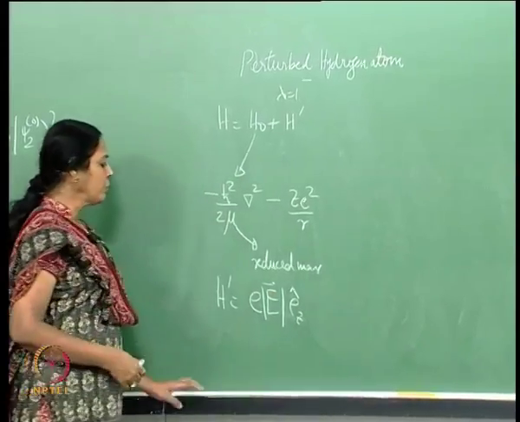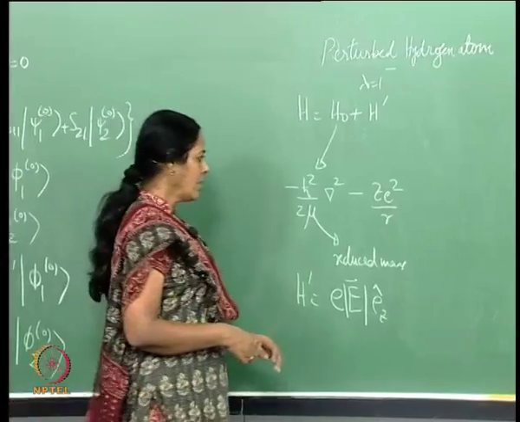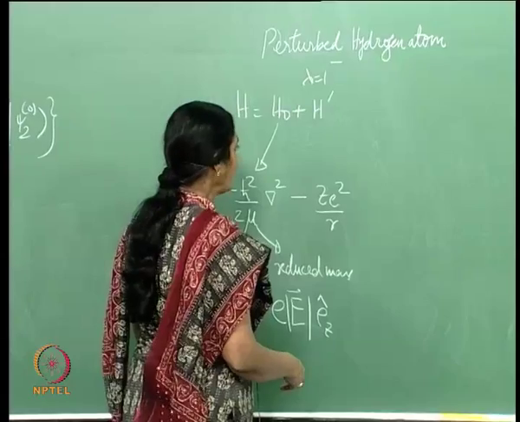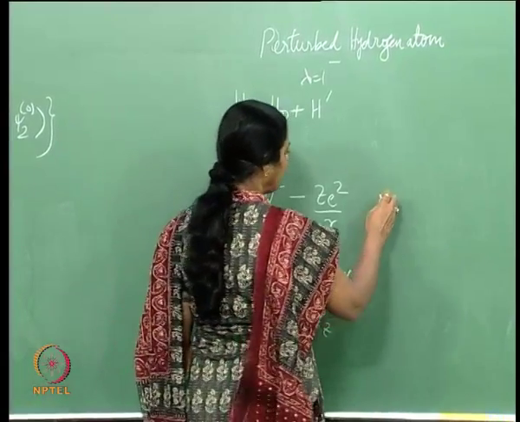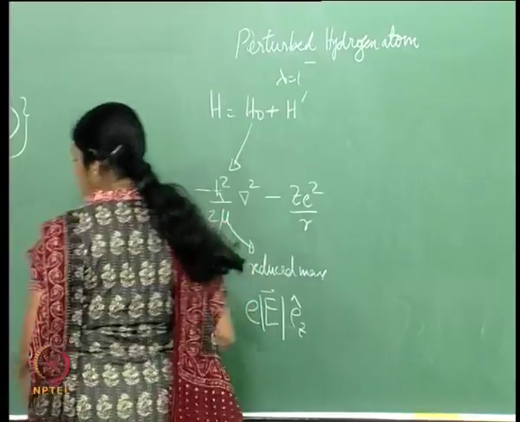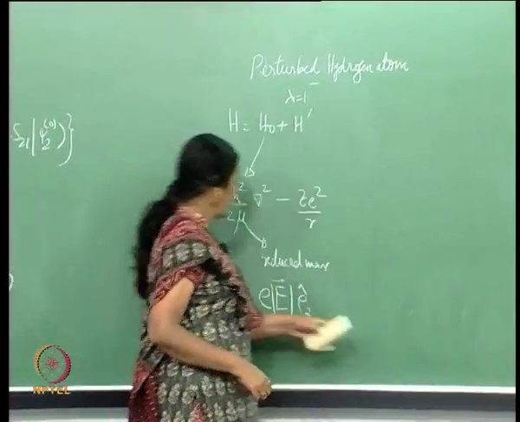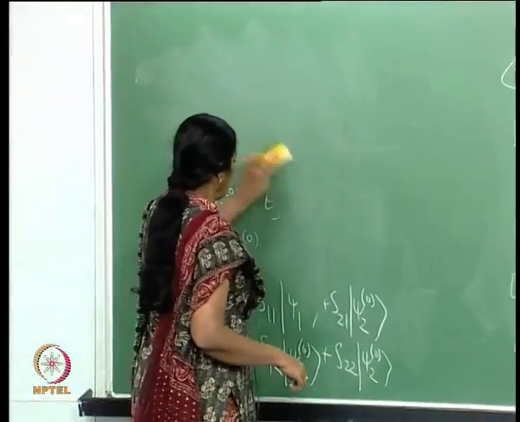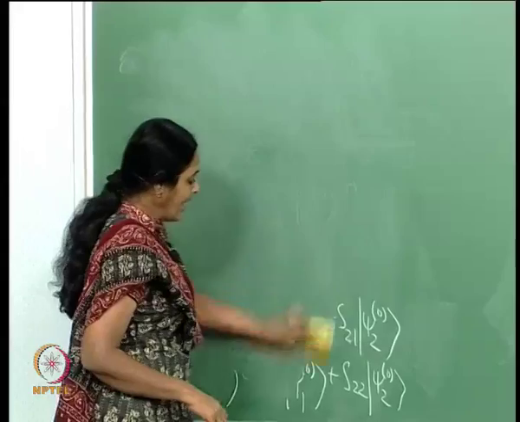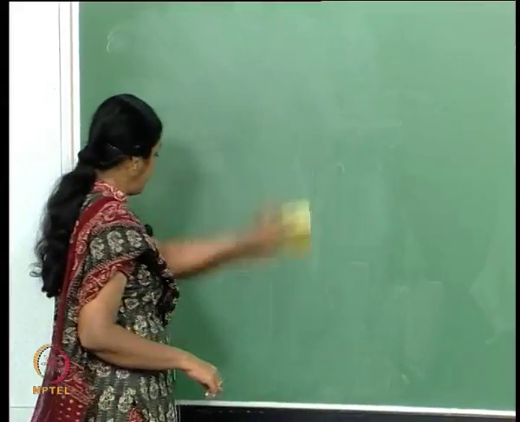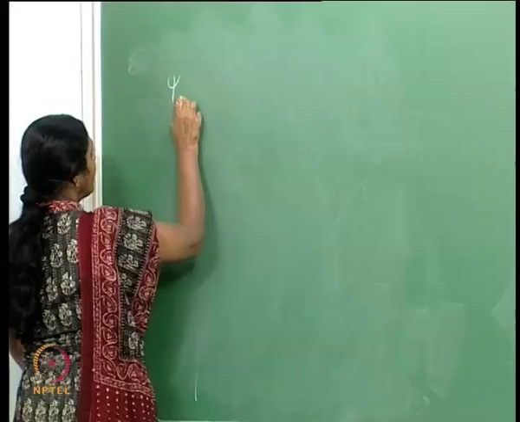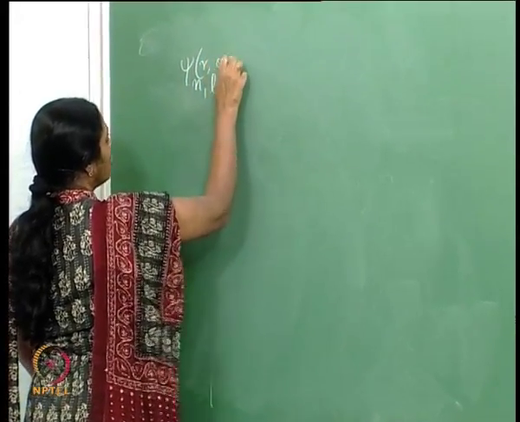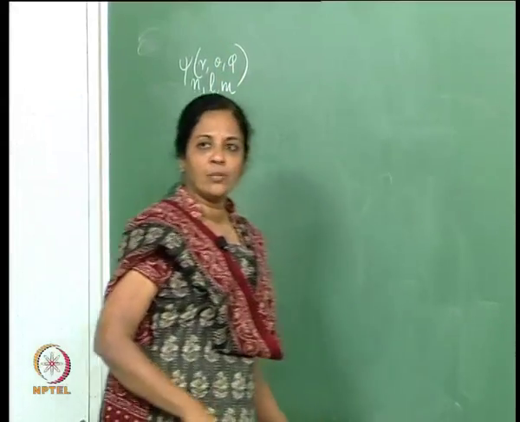Clearly, I need to compute matrix elements. I need to first of all decide what level I am looking at. You will recall that in the hydrogen atom problem, the wave functions carry with them 3 quantum numbers, n, l and m. So, the generic wave function is psi n l m, and for convenience we could work in spherical polar coordinates.